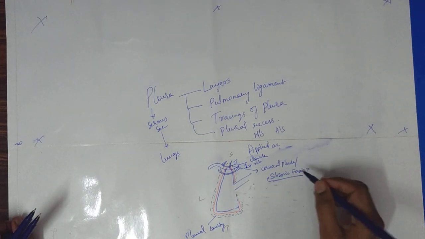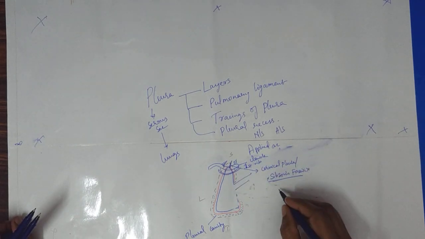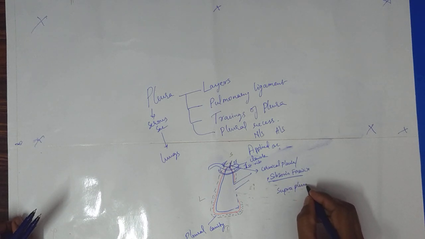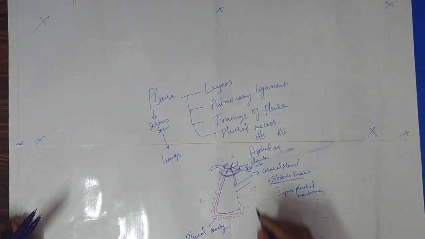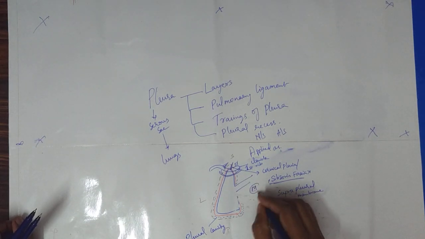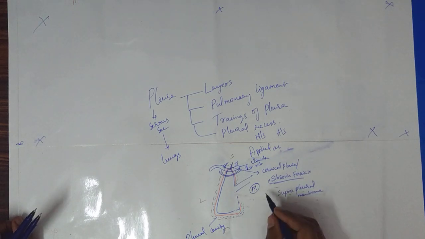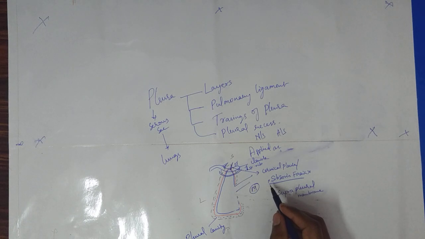So above the Sibson's fascia you have a membrane called the suprapleural membrane. The next thing is the mediastinum, which lies in between the two lung cavities.